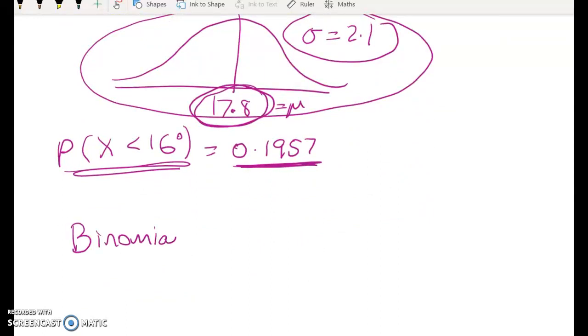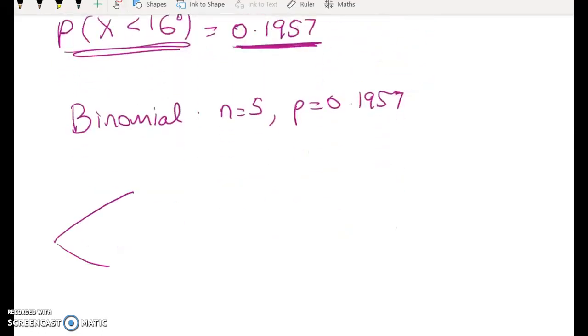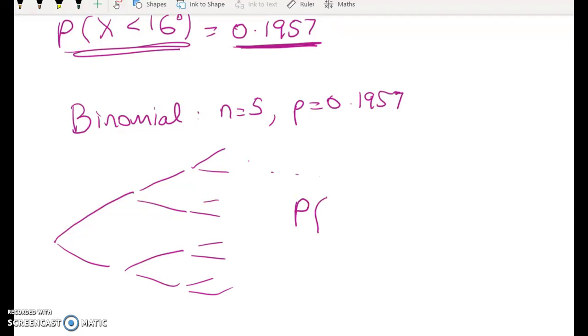So we want a binomial, n is 5, p is 0.1957. Remember, the binomial model is a big extension of a tree diagram going out to 5. We want to find the probability that 4 or more have got a low temperature. So the probability of 4 or more houses is equal to the probability of 4 or 5.